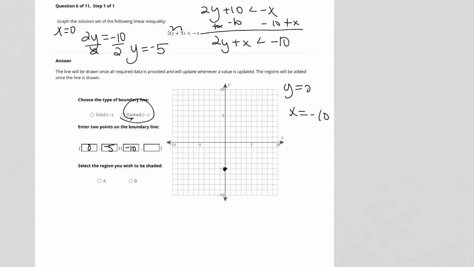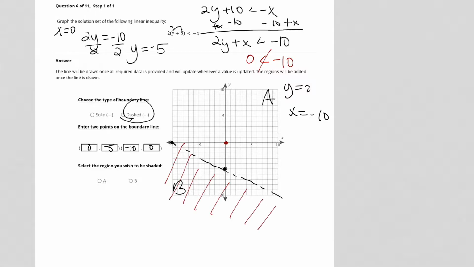So I've got the point negative 10, 0, which is right here. And it's a dashed line. Region A is going to be up top, region B down at the bottom. I'm going to plug in the origin, 0, 0. Is 0 less than negative 10? Answer to that is no, so I'm going to shade the half plane at the bottom, which is B.